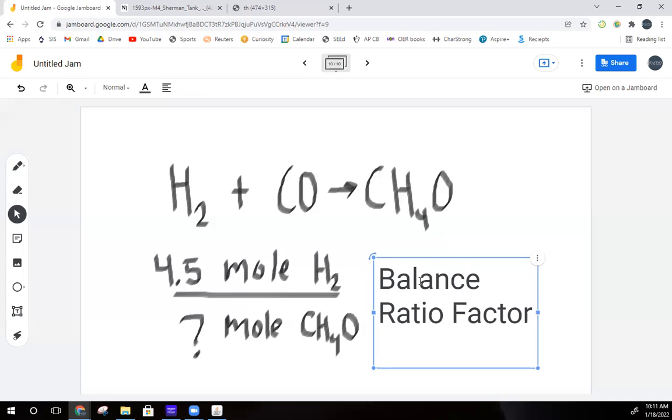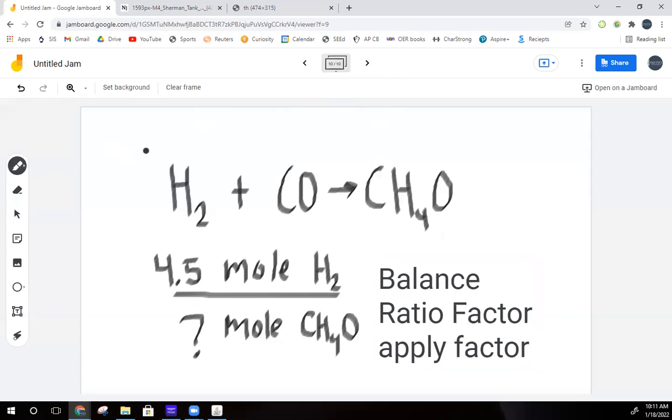And then apply that ratio factor by dividing or multiplying 4.5 by the ratio factor. So you need to take 4.5, apply the ratio factor by multiplying or dividing to determine the number of moles of CH4O. All right, so that's practice problem 1 for the assignment.